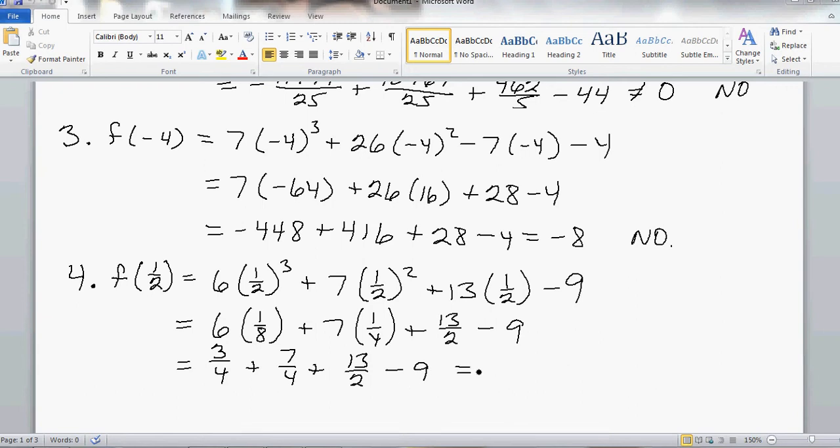And when this is all said and done, it does equal 0. So yes, it is a factor.